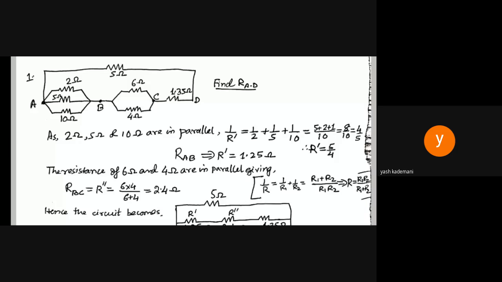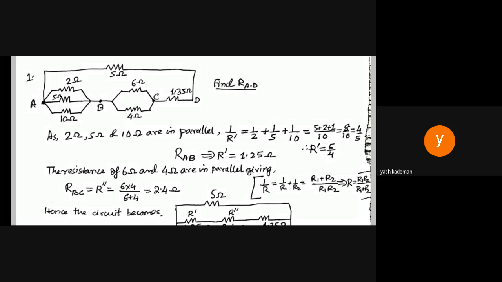From A to B in this diagram, you see there are 3 resistances in parallel: 2 ohm, 5 ohm and 10 ohm. So I have just explained with the statement also that as 2 ohm, 5 ohm and 10 ohm are in parallel, we can write 1 by R dash.